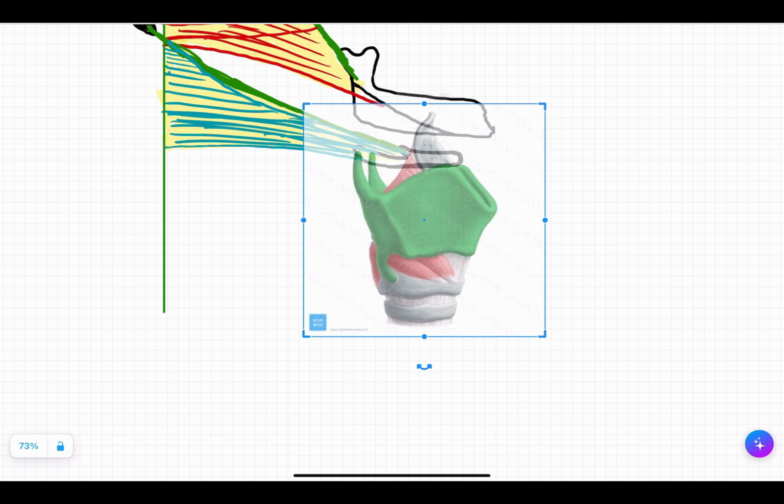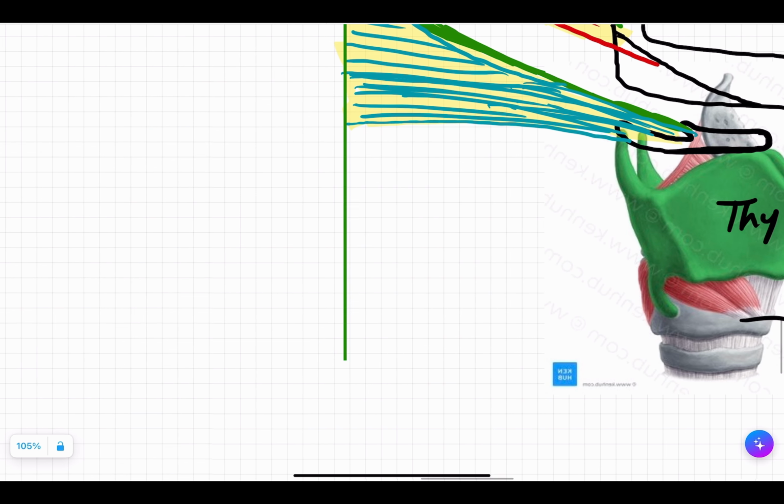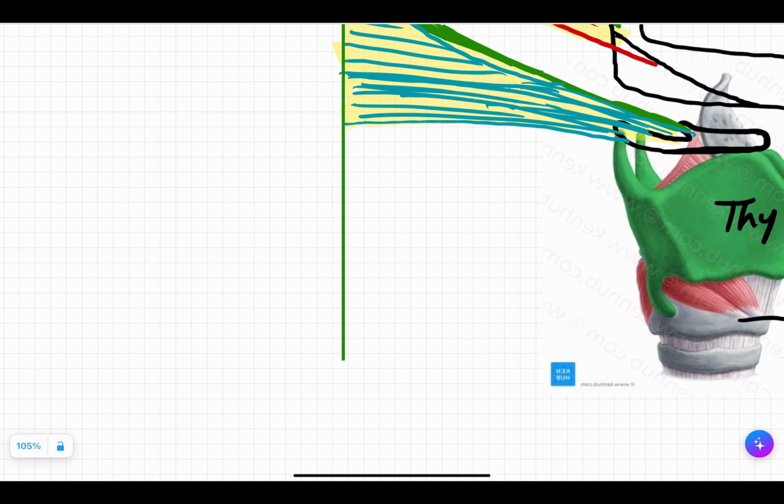Now, inferior constrictor is divided into the two part. One part will originate from the thyroid cartilage and another will originate from what? Cricoid cartilage. The part which is originating from the thyroid cartilage is known as what? Thyro, because originating from the thyroid cartilage. Pharyngeus, because that's a muscle of pharynx. So thyropharyngeus.